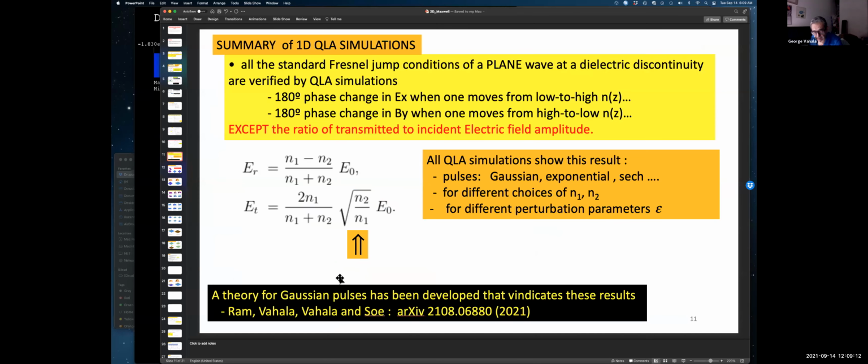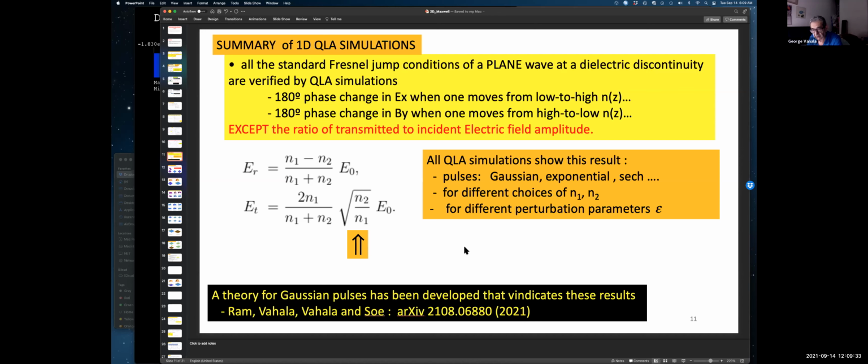So what we've been able to verify is that we recover all of the plane wave properties of reflection and transmission. The only thing novel is that the transmitted electric field is greater than the incident electric field, relative to that of the plane wave, by the square root of N2 over N1.